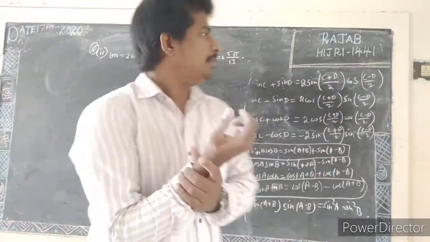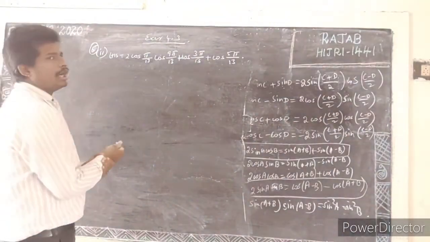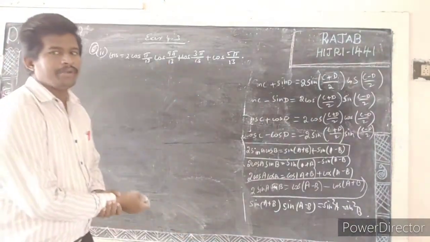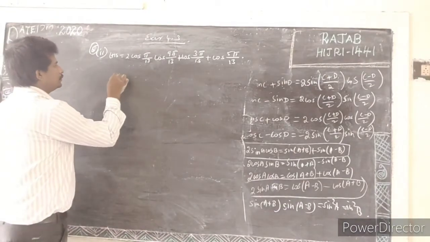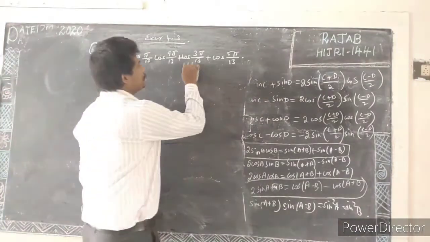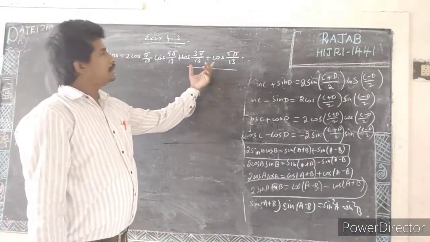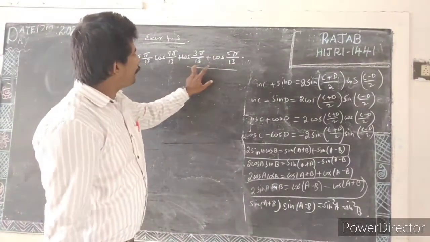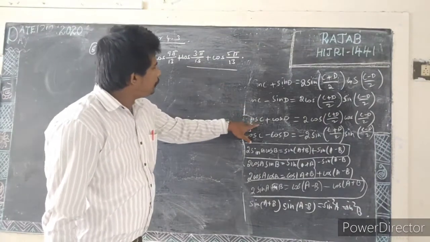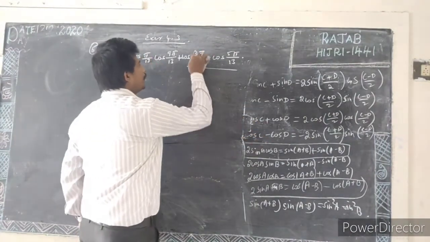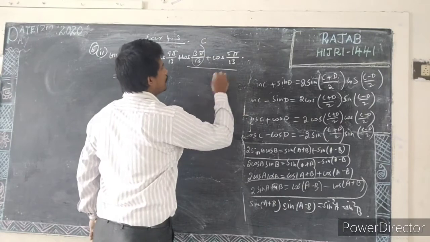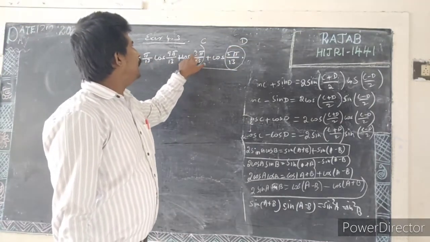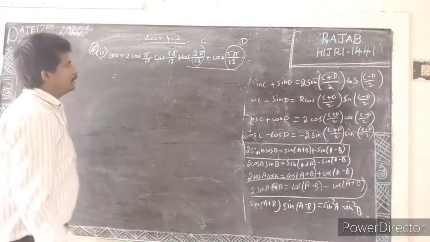Now, we are going to derive RHS from this LHS. We are going to derive RHS as 0. Now look at these two terms. This term is in the form of cos C plus cos D. Here you can take this term as C, this term as D. So this is in the form of cos C plus cos D.